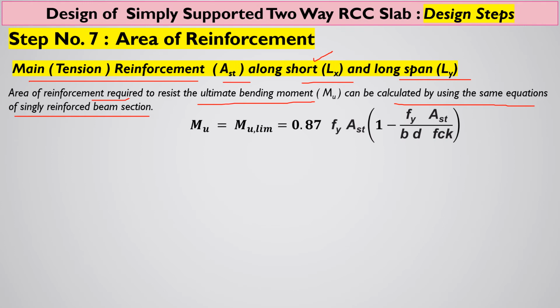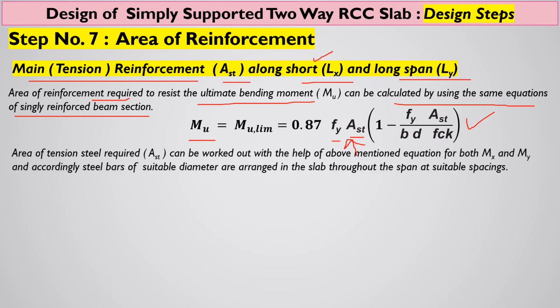That is, you can use this formula where Mu will be the ultimate moment, maximum bending moment, and fy is the yield strength of steel which you are going to use, Ast is the area of steel, and other parameters we are already aware of. So based on this equation and whatever information is available with us, we will be able to work out what is the area of steel required.